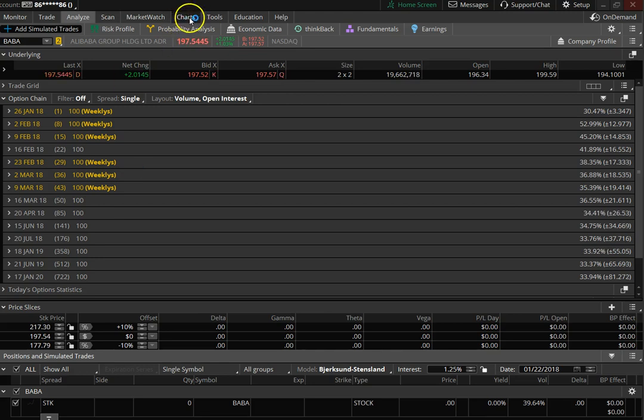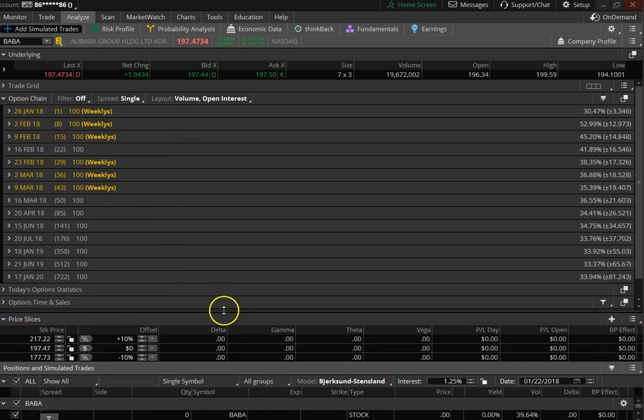So when I look at something like this, let me just show you what you're looking at. You guys really need to understand how to look at an option chain, because there's so much information on here that you really need to organize your thoughts.